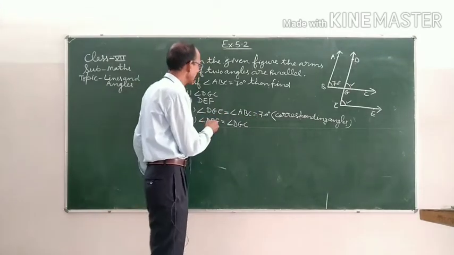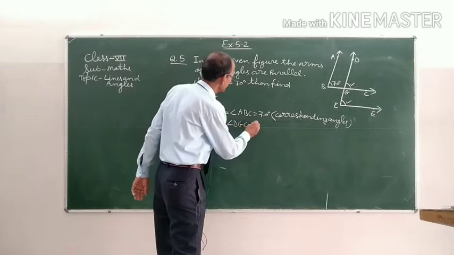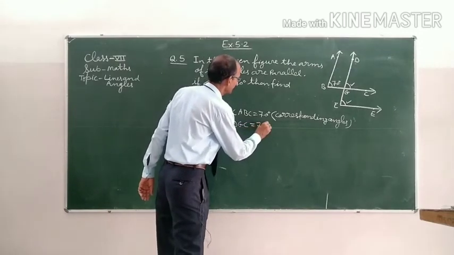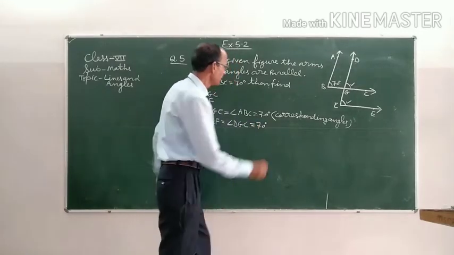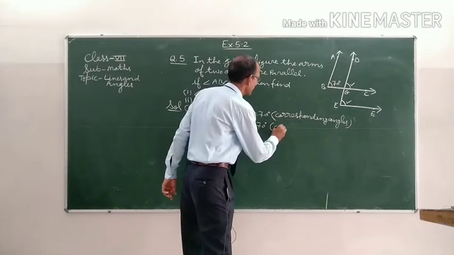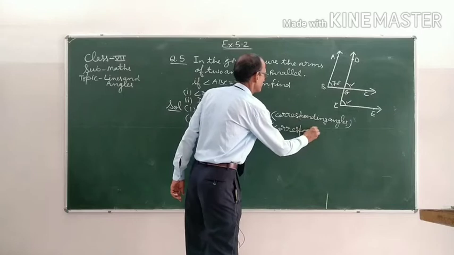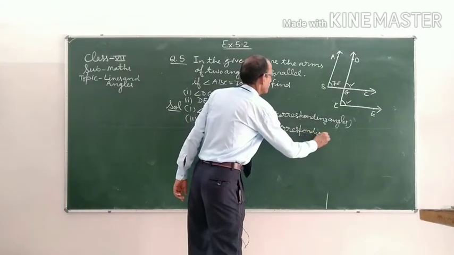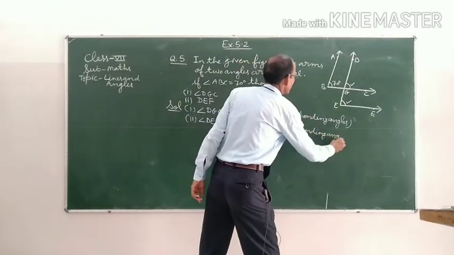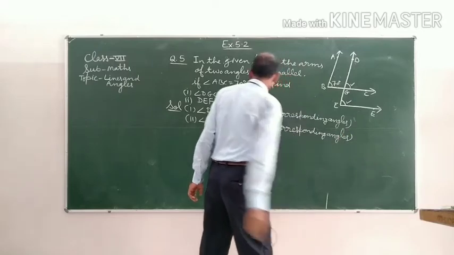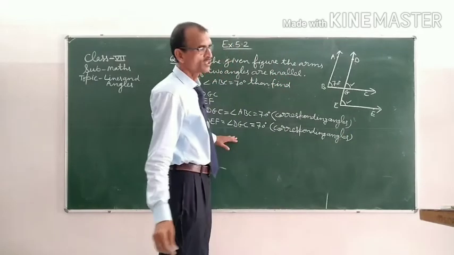So angle DEF is equal to DGC is equal to 70 degree, because these are also corresponding angles. Okay, understood?